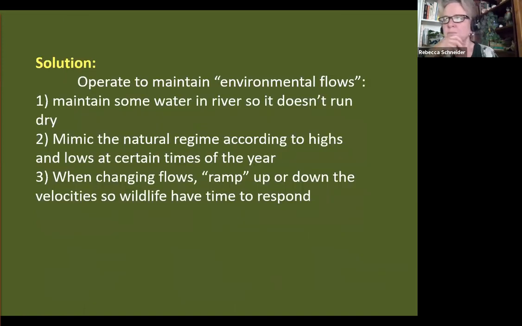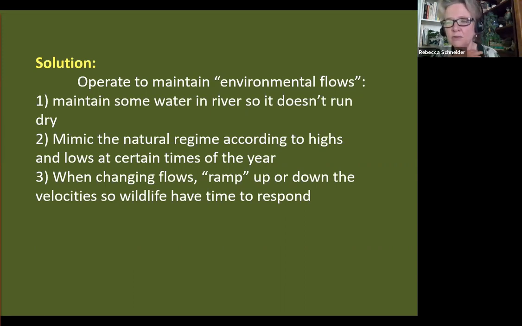So what's the solution? We now recognize we need to operate dams to have environmental flows. That is to protect the natural hydrologic regime as much as possible. You want to, first of all, always maintain some water in the river so it never runs dry. That's a no-brainer. Never turn the river off, just have lower flows during those low periods. It means less energy is generated, and so that's a compromise.